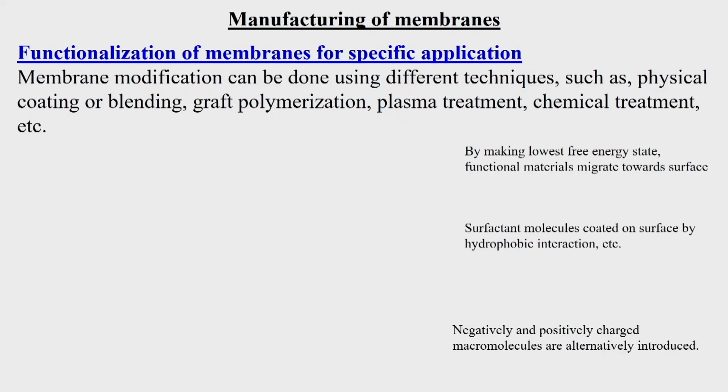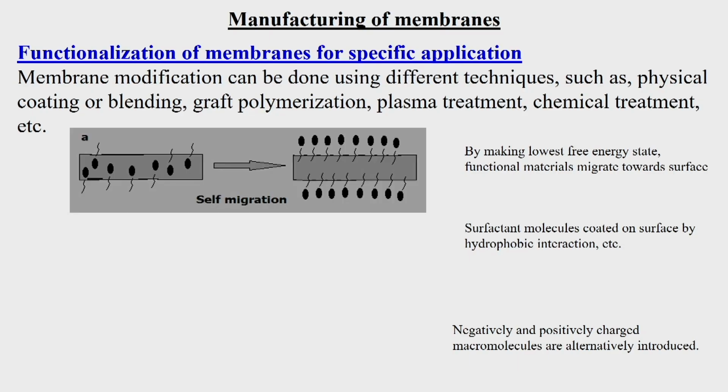We have some functionalization of the membrane for specific applications. This membrane modification can be done using different techniques, such as polymeric coating or blending, graft polymerization, plasma treatment, chemical treatment, etc. One is self migration, by making the lowest free energy state of these functional materials that migrate towards the surface.